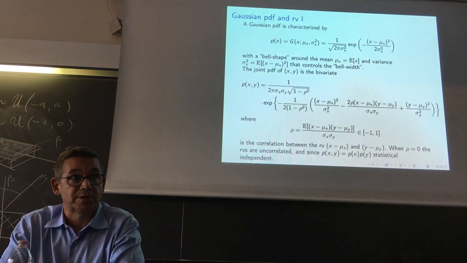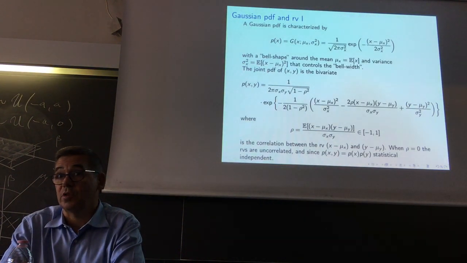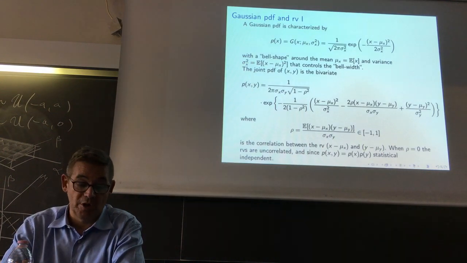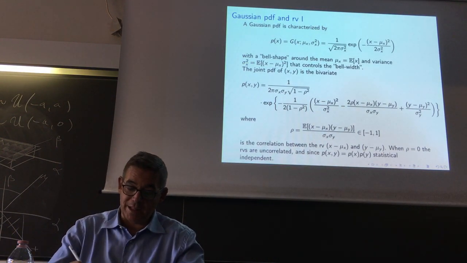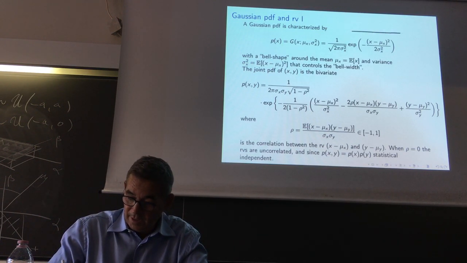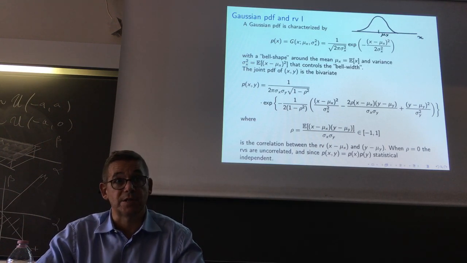Now so far we've seen arbitrary distributions. Now let's see Gaussians. So what is a Gaussian? A random variable is Gaussian if the distribution is Gaussian. The Gaussian PDF has a bell shape. It's a function normalized to 1, centered at mu x, which is the mean.